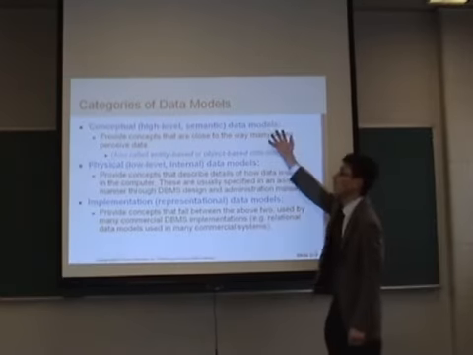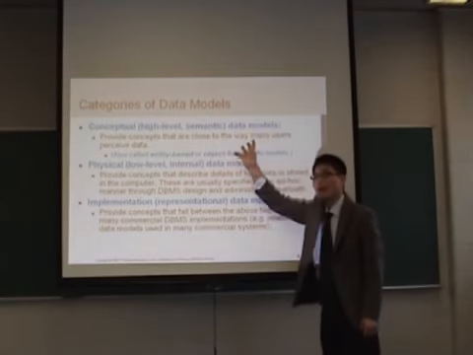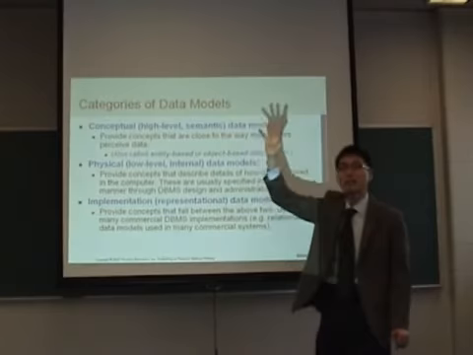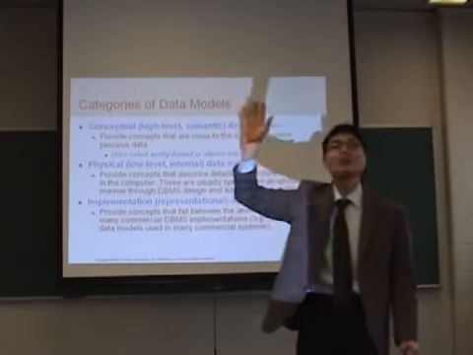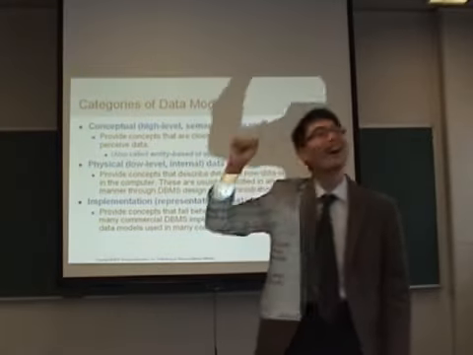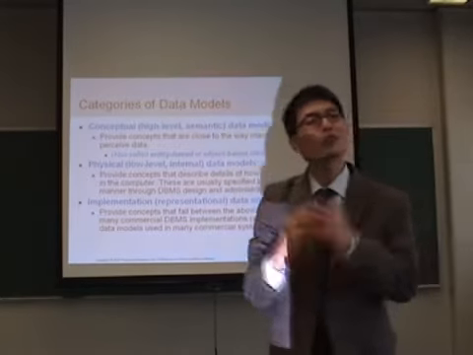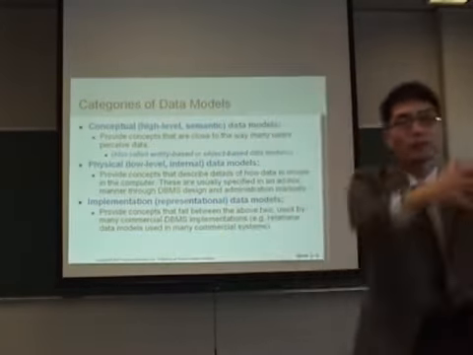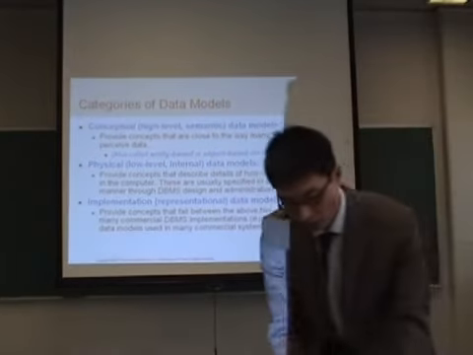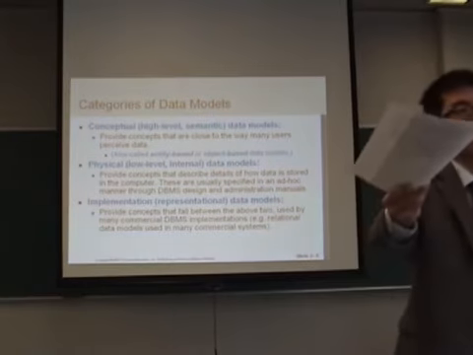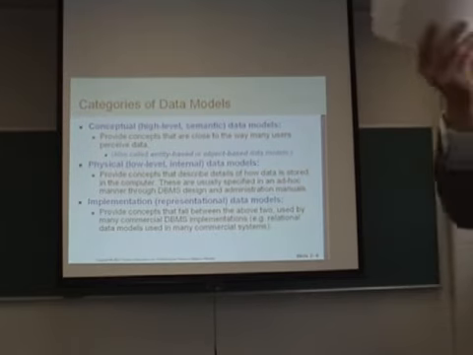Conceptual modeling, in other words high-level semantic modeling, is for the conceptual level, the high level or semantic level. For example, you already have a bunch of information your customer provided. We try to build a customer management system.